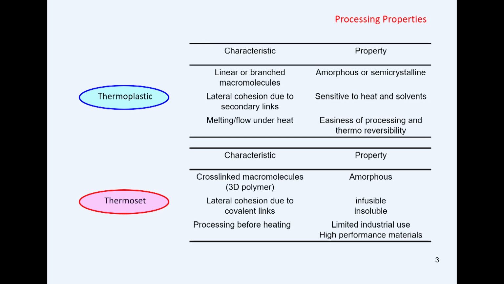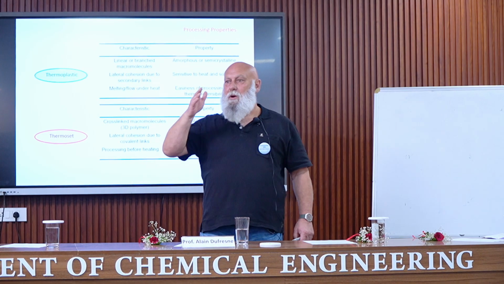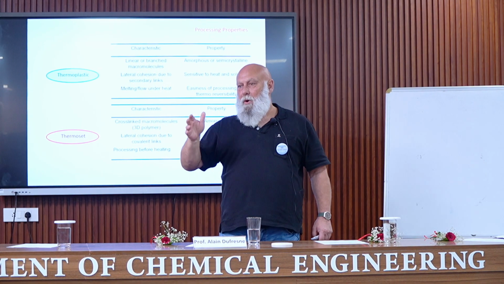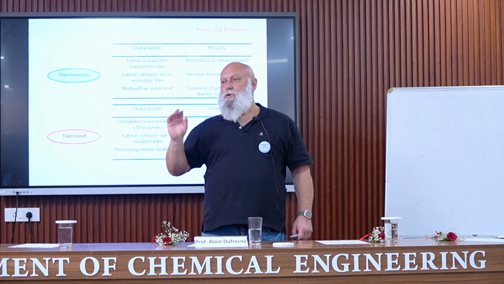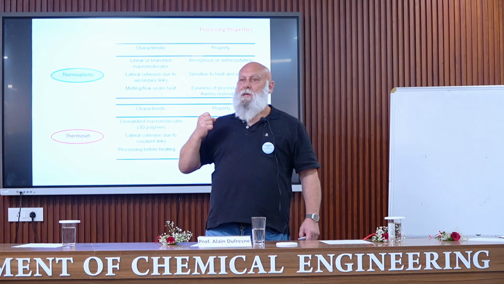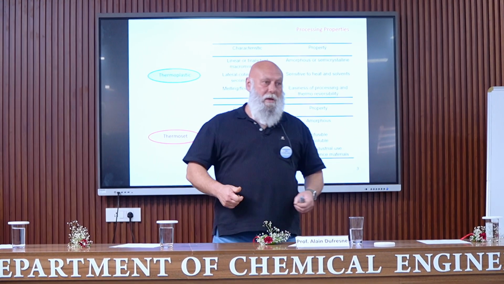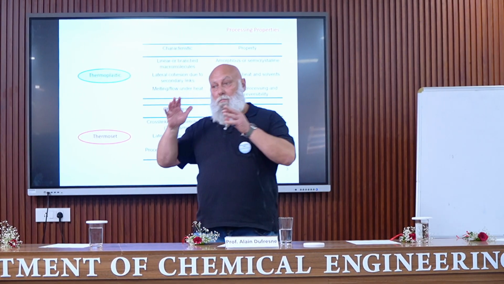In the case of elastomer, it's only every 100 monomers, more or less, because the objective is not to have a stiff material, but to have a reversible deformation. So for me, elastomers are included in thermoset polymers.